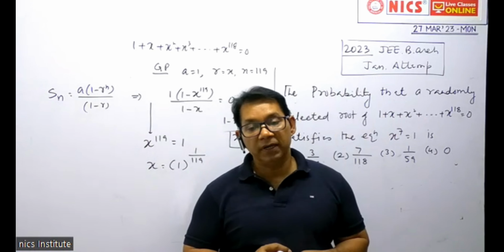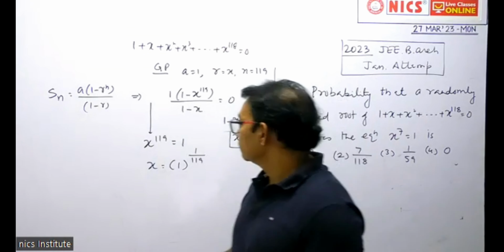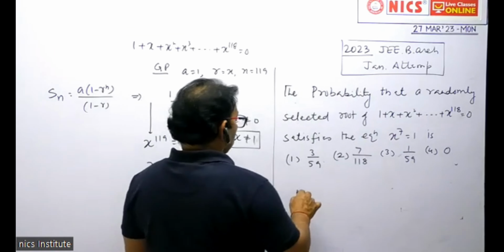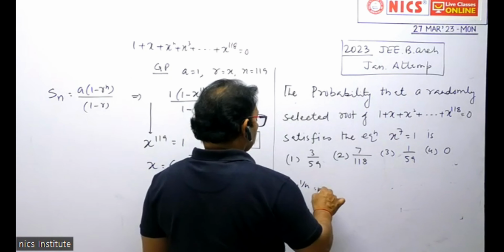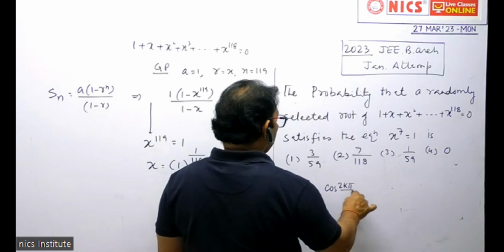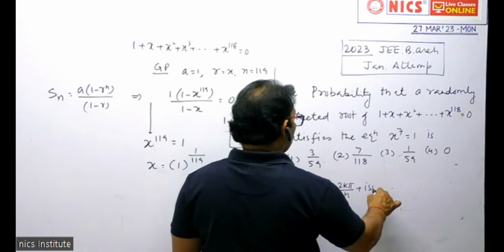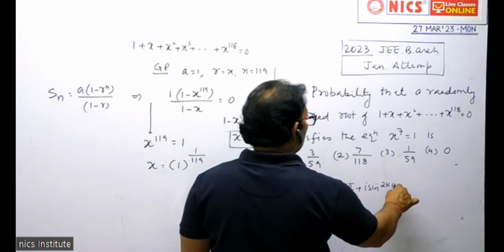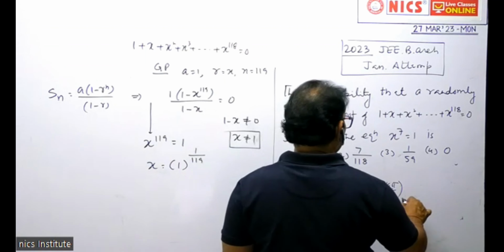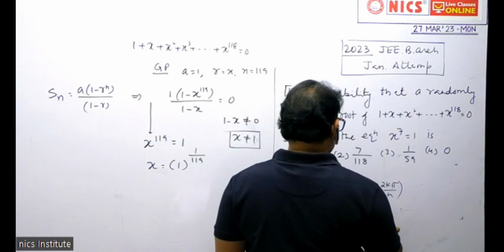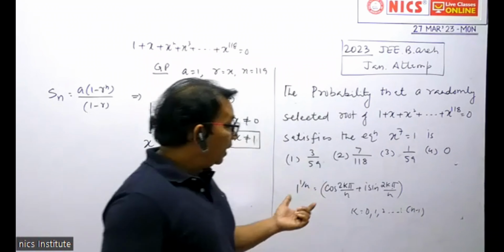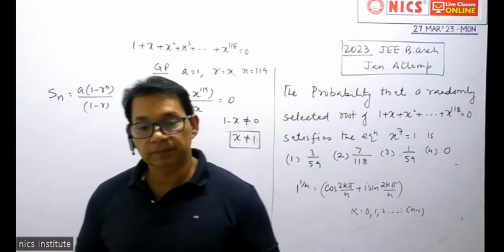Recall the nth root of unity, what was the formula? The nth root of unity was the formula cos 2k pi by n plus iota sine 2k pi by n, where k varies from 0, 1 till n minus 1. This is the nth root of unity.